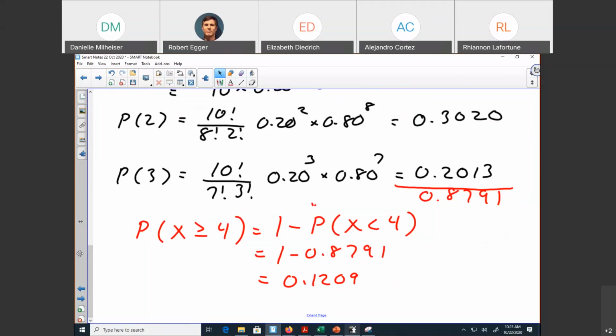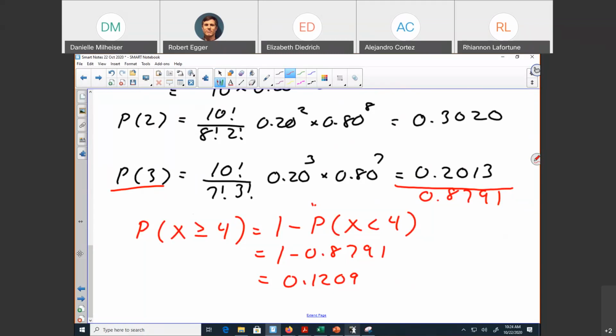Okay, so that's a mixture. This is out of 10. What's the probability of having exactly 3 students say they stole? 0.2013, a 20% chance of having exactly 3 students say they stole.